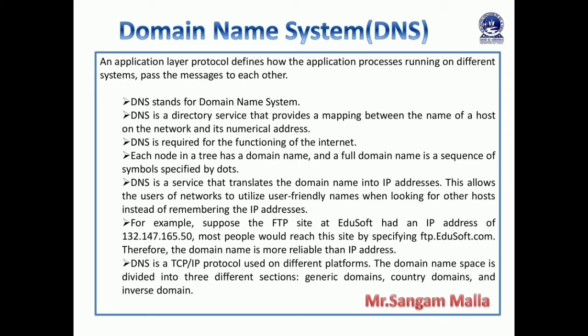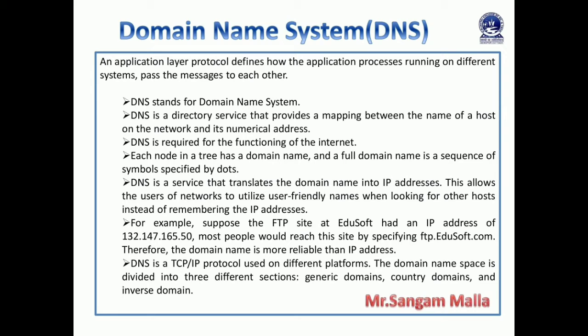So the next point is DNS is a TCP/IP protocol used on different platforms. The domain namespace is divided into three different categories, that is generic domains, country domains and inverse domains. Whenever we are transferring any data from one location to another, the most important protocol responsible for carrying and receiving the data is TCP/IP.